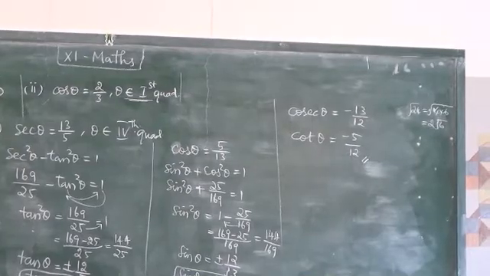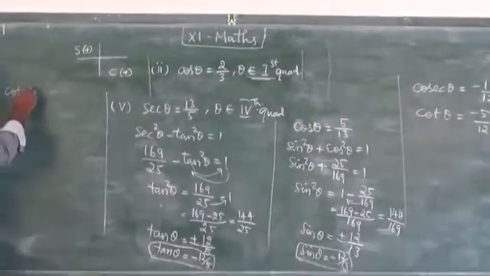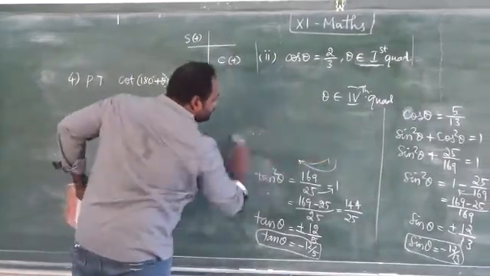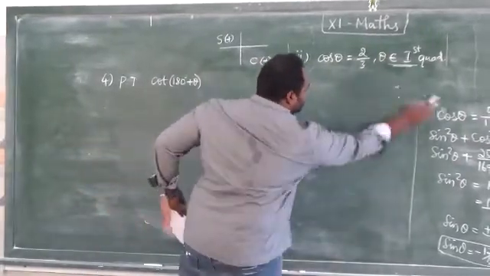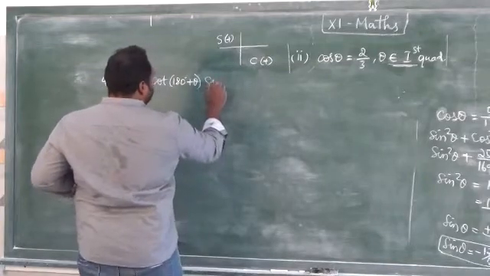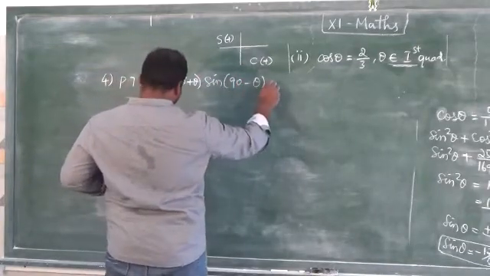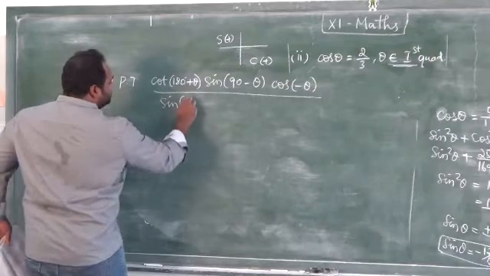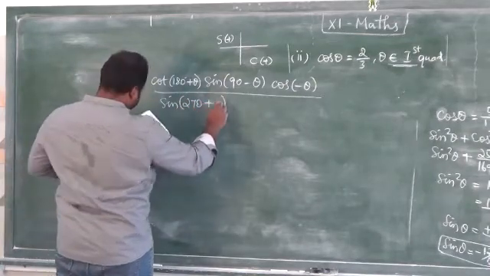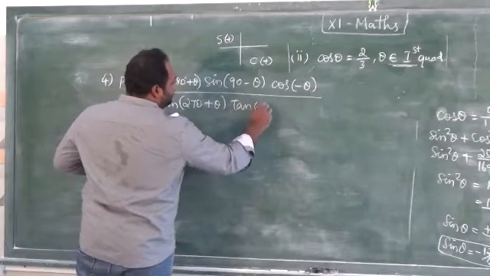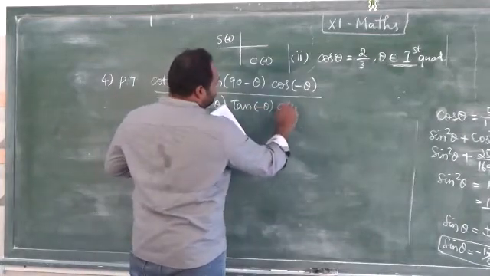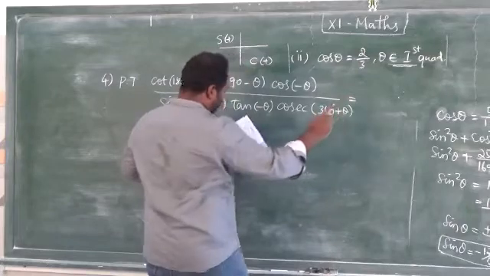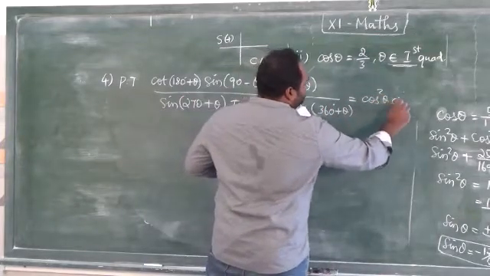Prove that cot of 180 degrees plus theta, sin of 90 minus theta, cos of minus theta, whole divided by sin of 270 plus theta, tan of minus theta, cosecant of 360 plus theta, equal to cos square theta into cot theta.